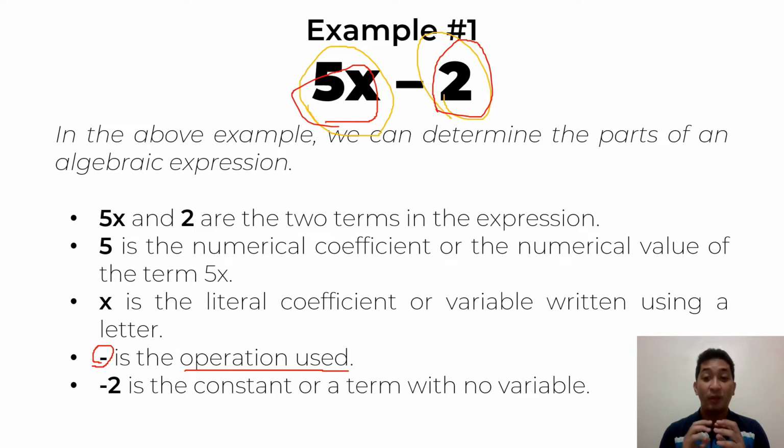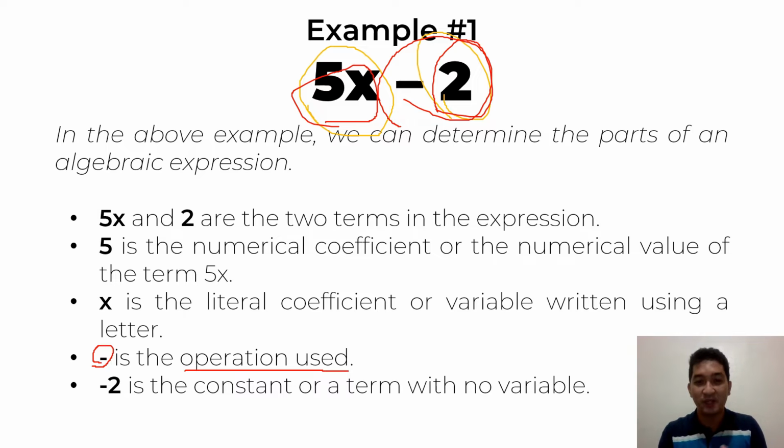So when there is no letter with the number in an algebraic expression, it is the constant. Negative 2. You will of course look for the sign. Since the operation involved is minus or subtraction, and it is beside 2, meaning 2 is negative. So negative 2 is the constant term.